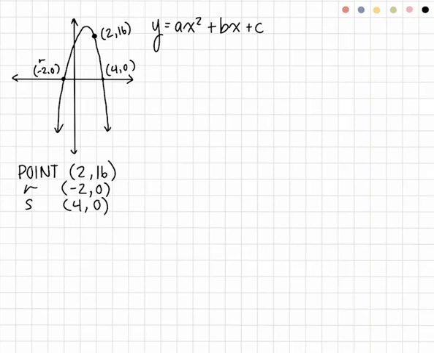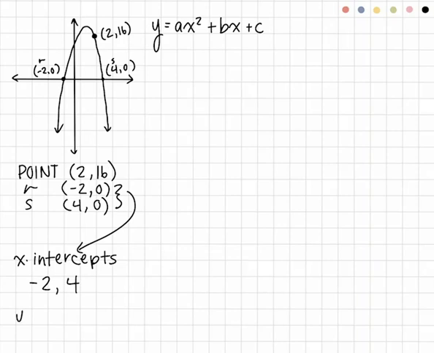This tells me that my x-intercepts are negative 2 and positive 4. Because I have my x-intercepts, I know that I can write this in factored form.